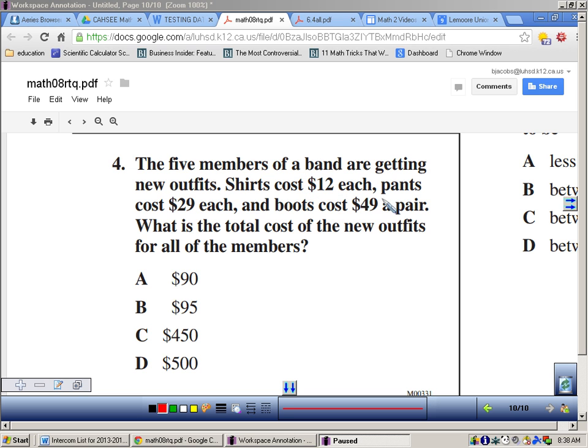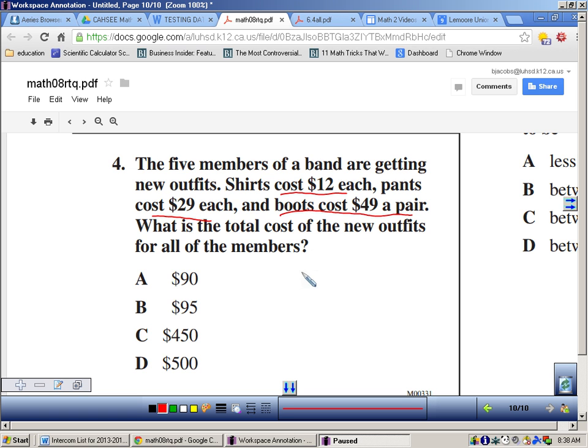Shirts cost $12 each. Pants cost $29 each. Boots cost $49 a pair. What is the total cost of the new outfits? If there are 5 people in the band, then you're going to have to buy 5 shirts, 5 pants, and 5 pairs of boots. That's how you would find the total cost. So 1 shirt, 1 pair of pants, and of course a pair of boots. That's for 1 person.